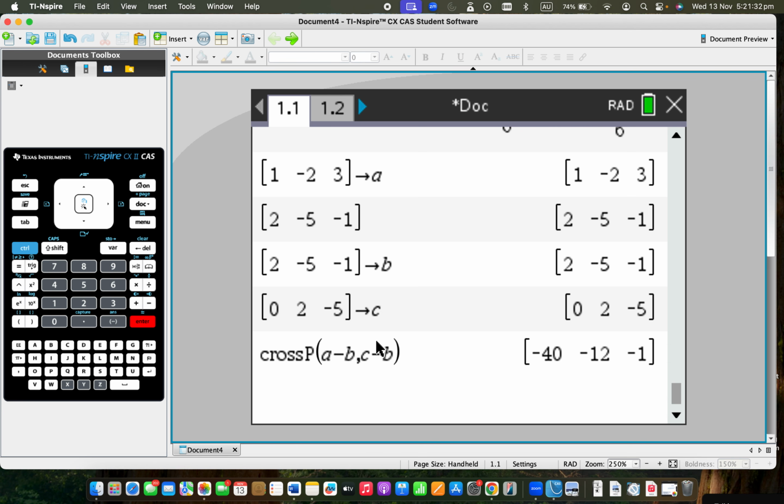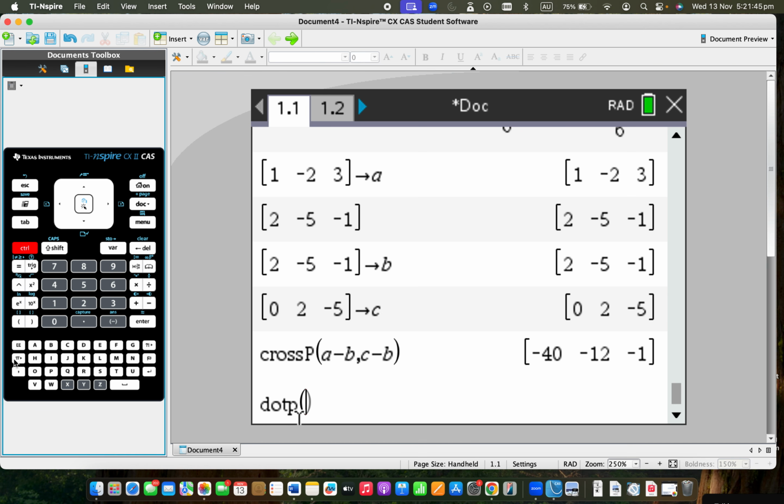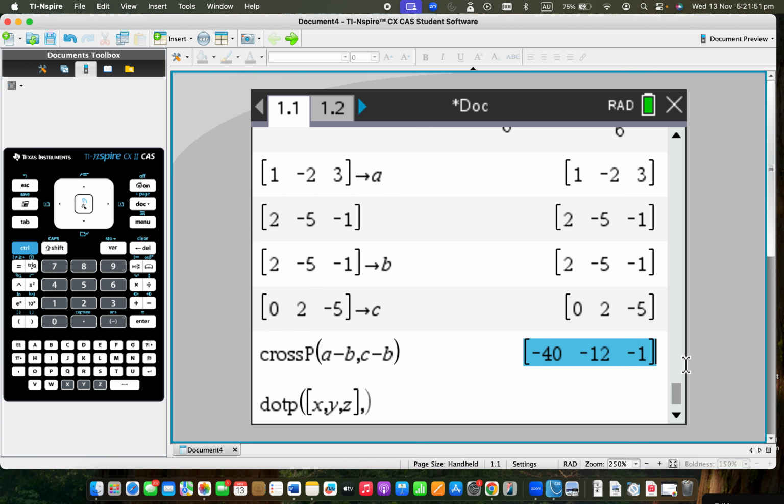-40, -12, -1. And so what we can say is dot product of x, comma, y, comma, z, comma, the normal vector is equal to a point.